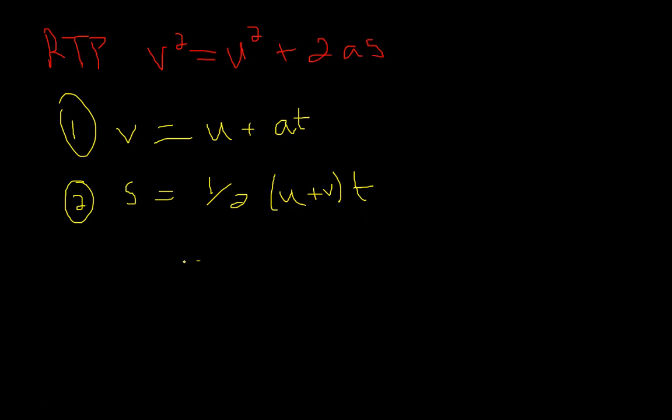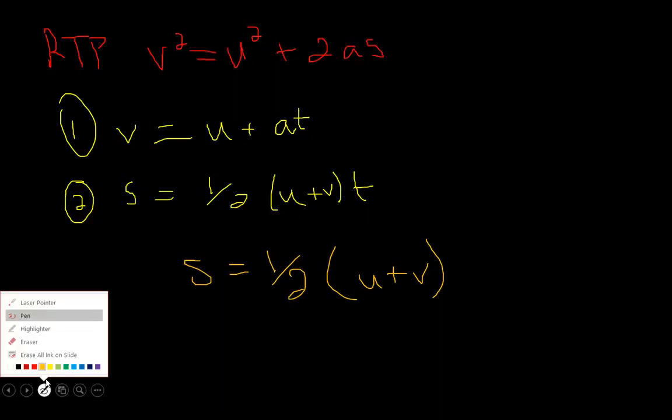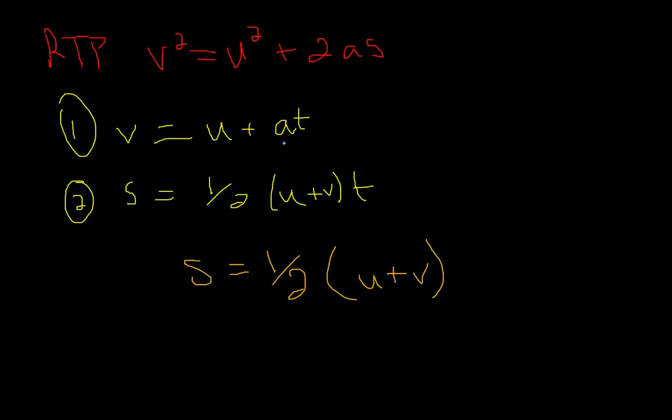So s is equal to half u plus v, but we're not putting t, we're going to do a substitution, right? From my first equation of motion, making t the subject, v minus u would give me at.